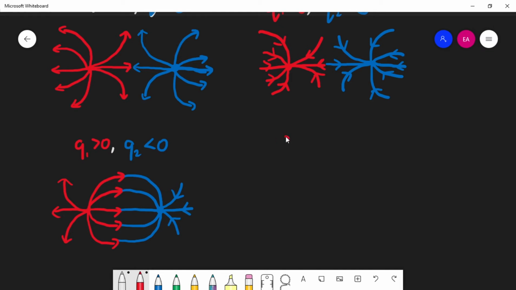And now for our last case, Q1 is less than 0 and Q2 is greater than 0. Now it's basically just like this picture over here, but it's reversed. The directions are reversed. Let me just try to quickly draw it. Take note that field lines are not supposed to intersect, unlike what I just did. I'm sorry for that.